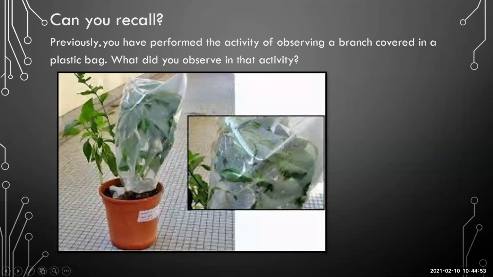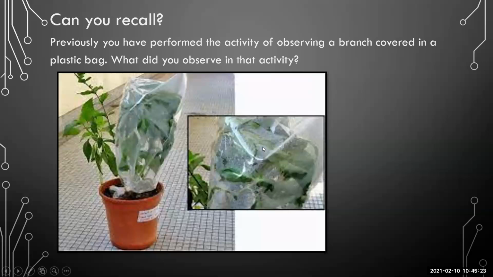Can you recall, previously you performed the activity of observing a branch covered in a plastic bag? What did you observe in that activity? Students, if we tie a plastic bag to a branch of a tree kept in the sunlight for 5 to 6 hours and then observe the plastic bag, we can see droplets of water on the inner surface of the bag.